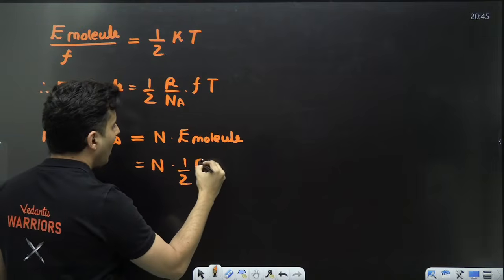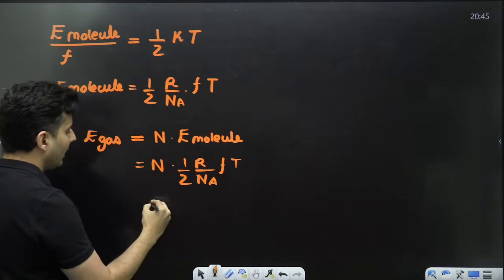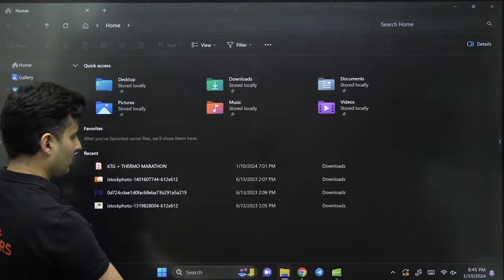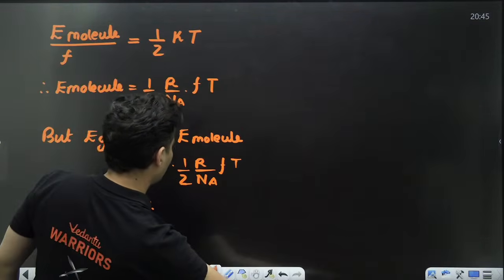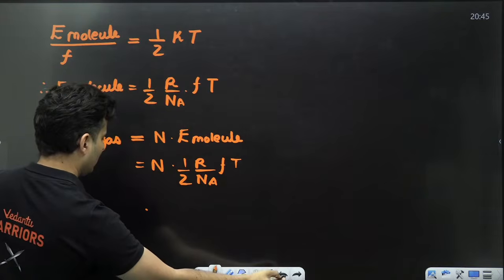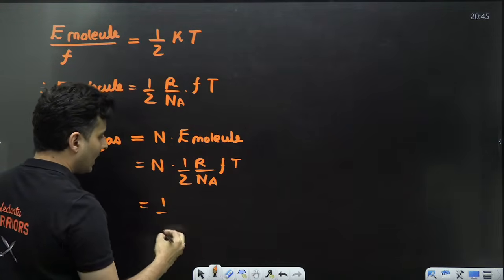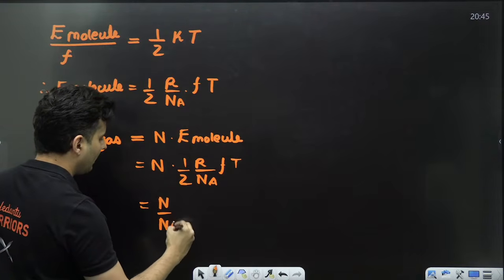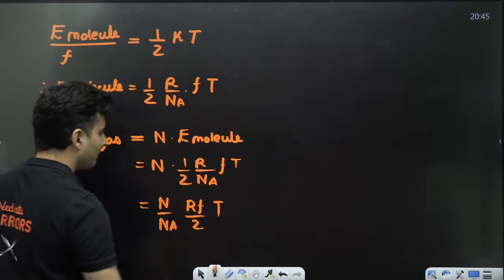It is half R by Na into f into T. Great. So I'll just rearrange it. I will write it like this. I'll write it as N by Na into Rf by 2 into T.